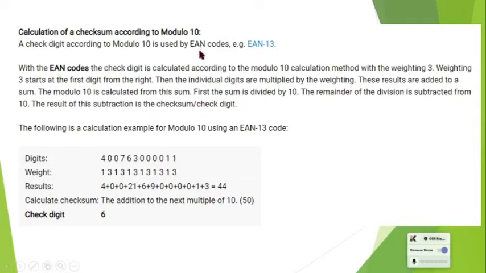By EAN codes, 1313 yung weight natin, yung pag-multiply natin. Isa-isa natin i-multiply, 4 times 1, 0 times 3, so on and so forth, hanggang sa last digit. Okay, so that is 44.